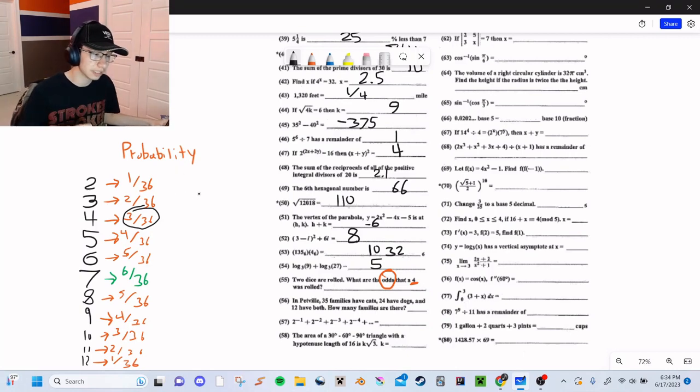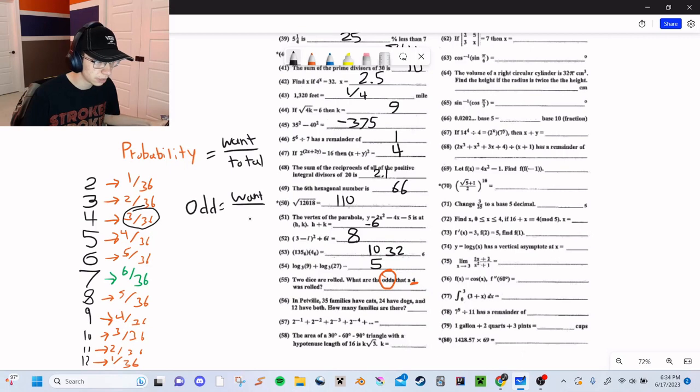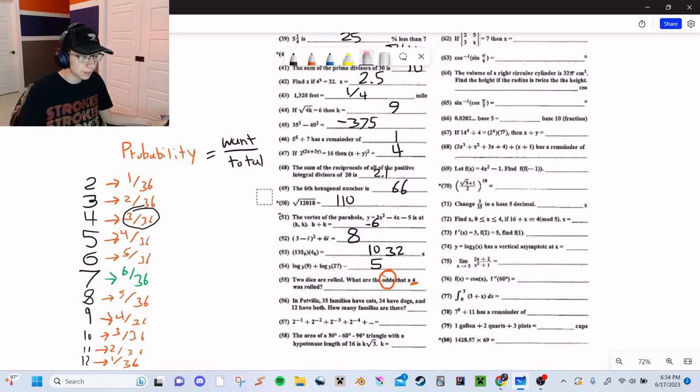The difference is that probability is what you want over the total, whereas odds are what you want over what you don't want. And so usually what that means is odds are what you want over the total minus what you want. The total minus what you want being what you don't want.